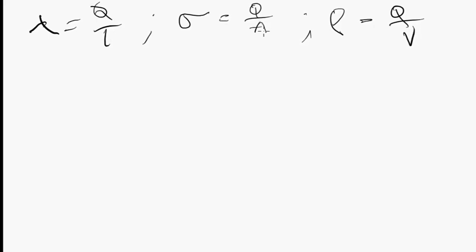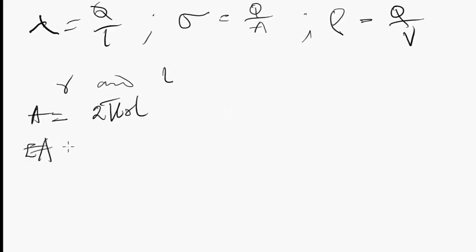So for a cylinder of radius R and length L, we have the area 2 pi RL. Now if the area is this, we can apply it to the formula EA is equal to Q over epsilon naught.